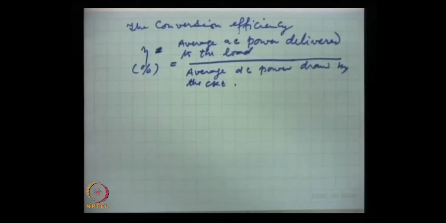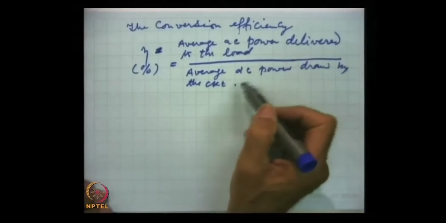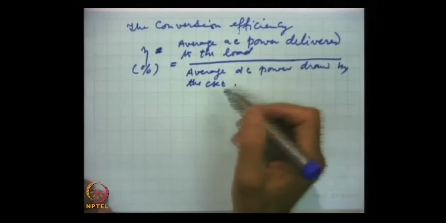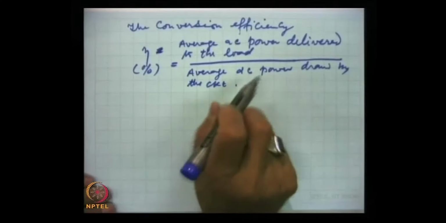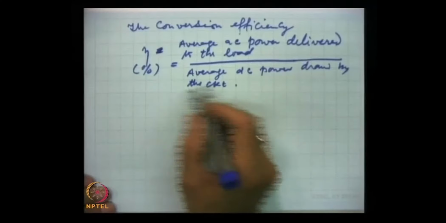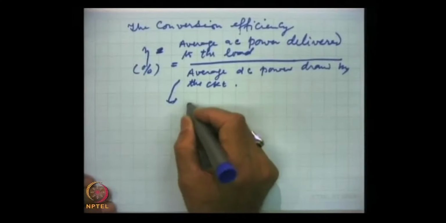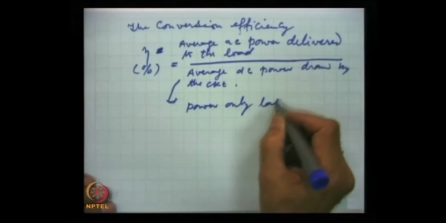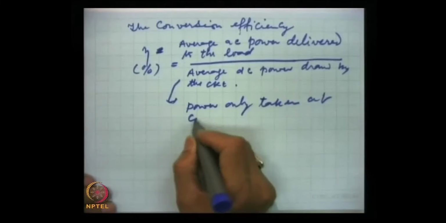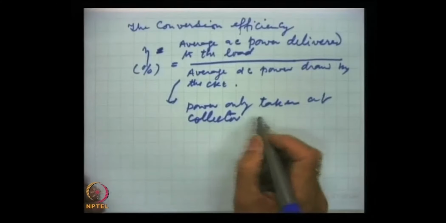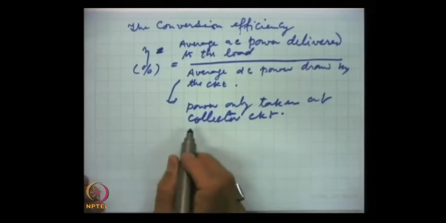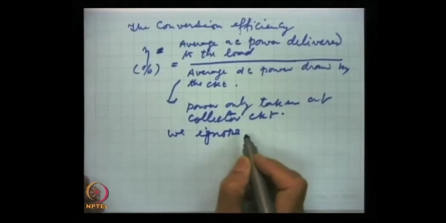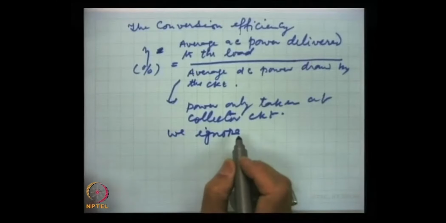As a convention, in this DC power we consider only the power which is taken at the collector circuit. That means we ignore the small power which is taken by the bias resistors.